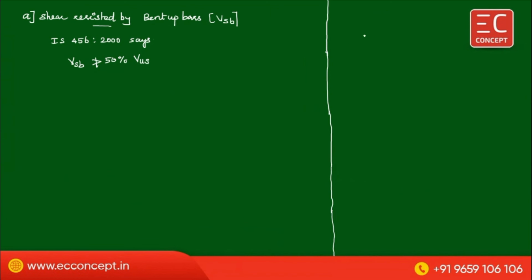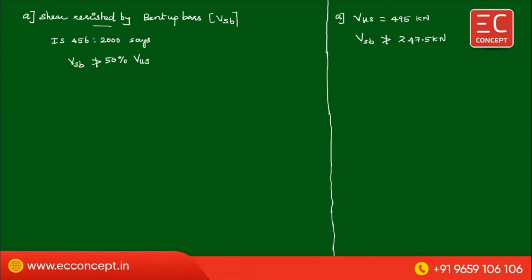The meaning is, under this A point, the total shear is 495, right? VUS is equal to 495 kilonewton. Then VSB, the shear resisted by bent up bars, should not be greater than 50% of 495. 495 into 0.5 is 247.5 kilonewton.